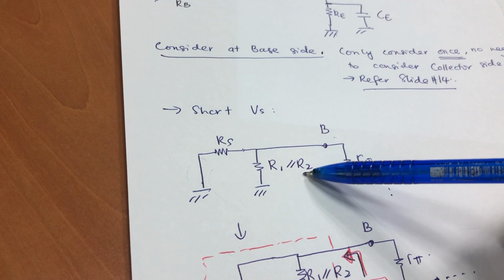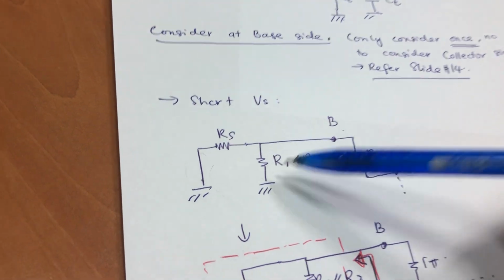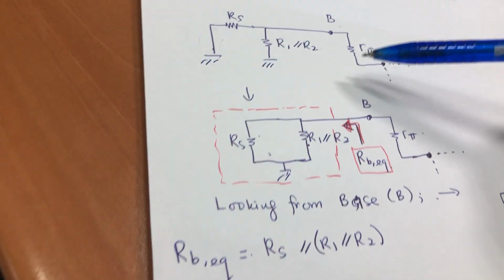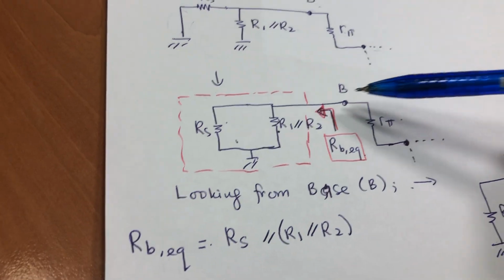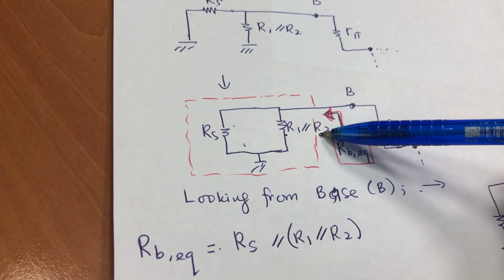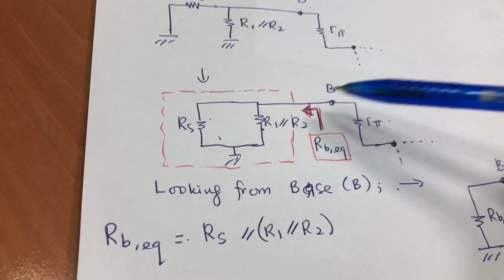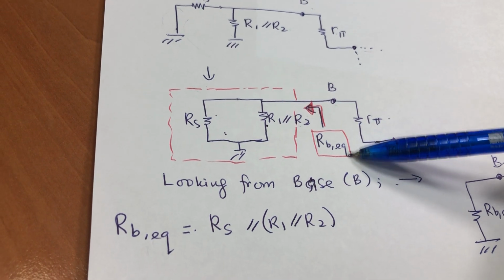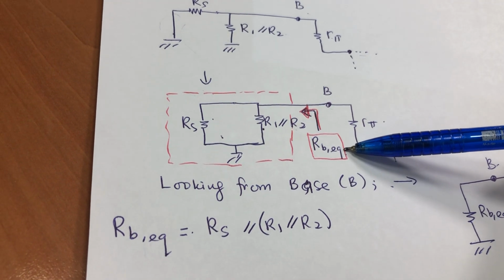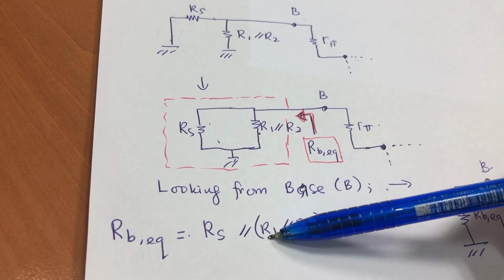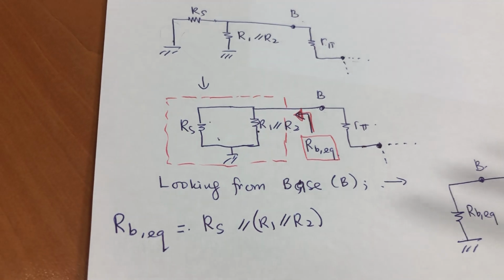RS is parallel to R1 and R2, looking from the base. I name this RB equivalent. So RB equivalent equals RS parallel to R1 parallel to R2.